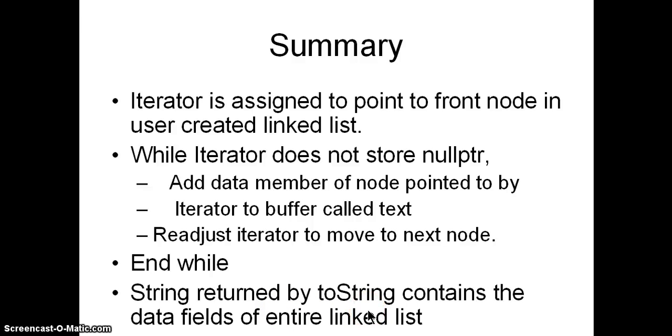So that's pretty much the whole algorithm and technique of the toString function, which can also be used to count the number of nodes in the list, or modify the value of each node by a certain amount, or compare each node with a certain key for equality, less than or greater than.